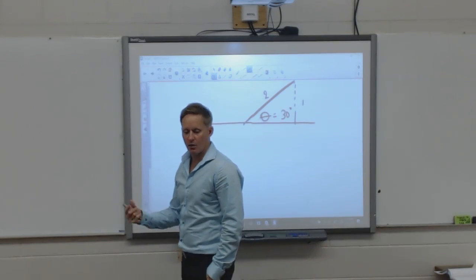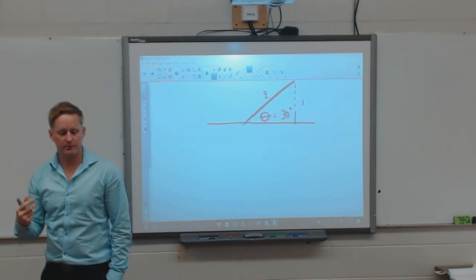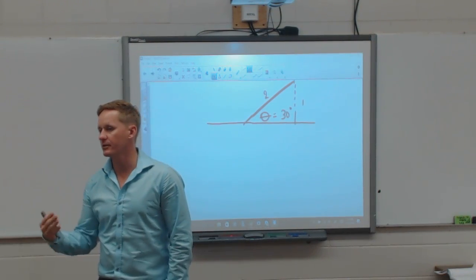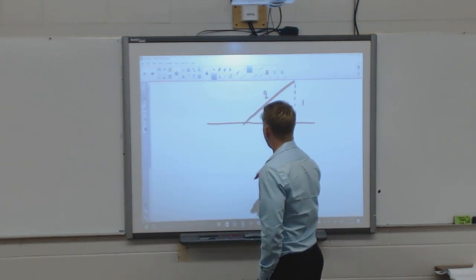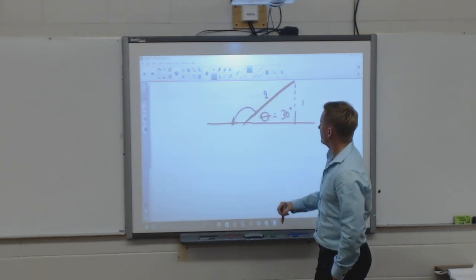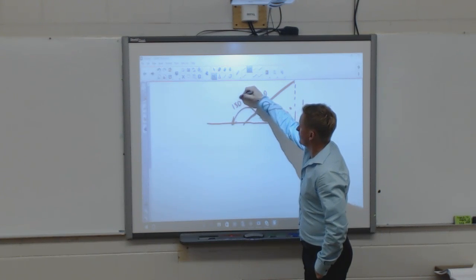Now, is there a correlation with the sine of the supplement of that angle? And the answer is yes. If I look at this angle now, that angle right there measures 150 degrees.